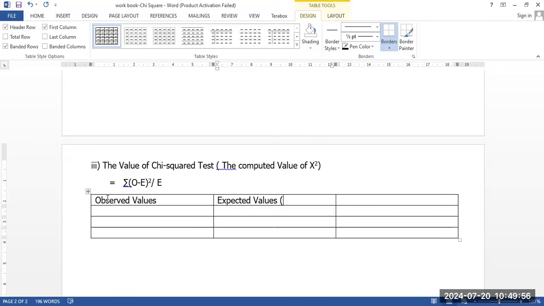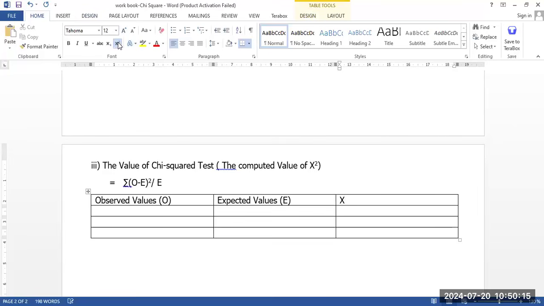That is it. This is O. Then I will need here my computed value, which is x squared. And the formula we follow here, it is this one.